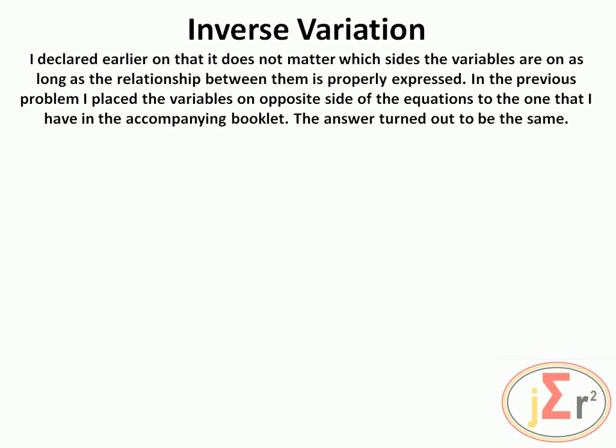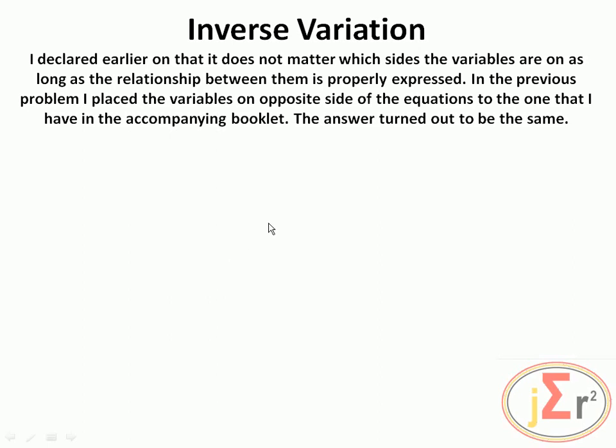So it really does not matter which side the variables are on, as long as the initial algebraic expression depicts an inverse variation. In this particular case, and when you are dealing with direct variation, it should depict a direct variation.